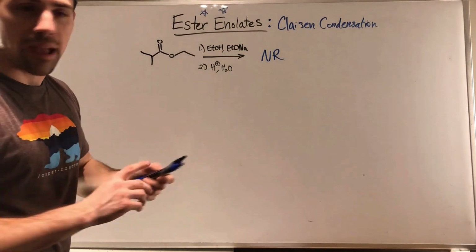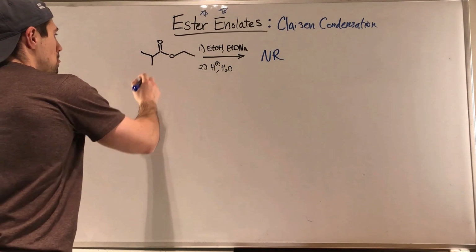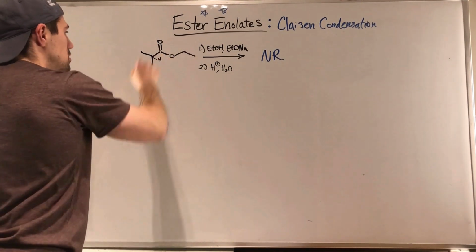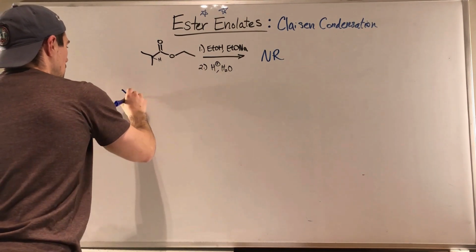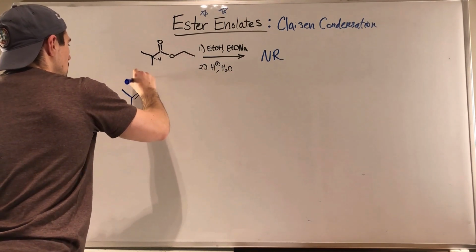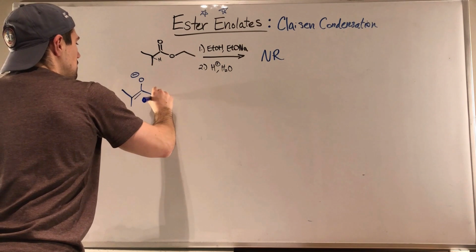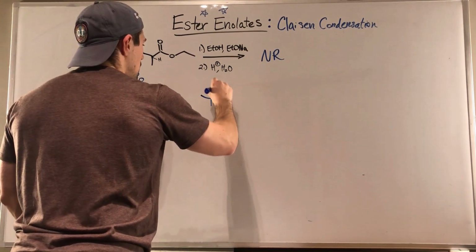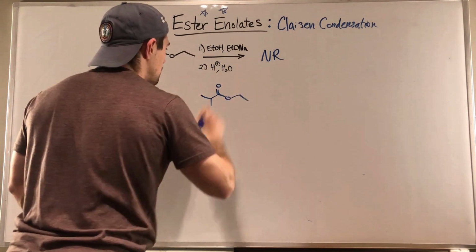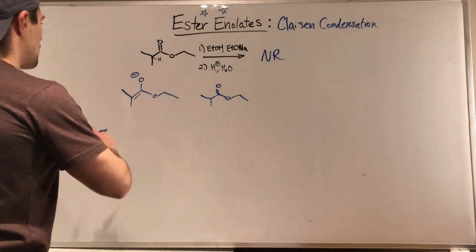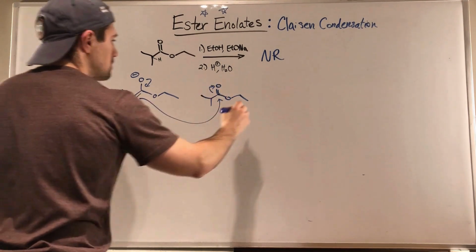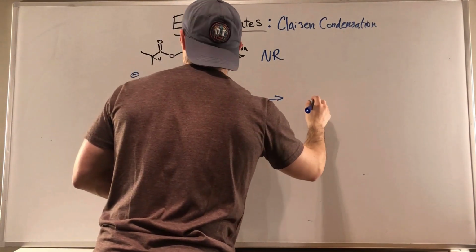I'm not gonna do the full-blown mechanism, but remember, at this position, we do have an H. So we can do alpha deprotonation, and we can generate this ester enolate. We will then bring in another unaltered ester, and we'll do some attack. We form the tetrahedral intermediate.